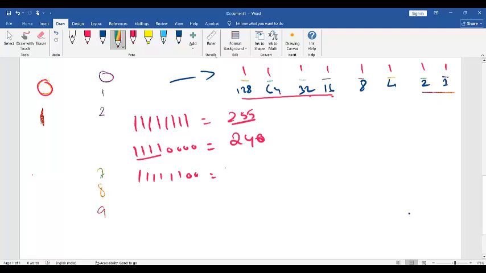Correct. 255 minus 3 is 252. So 2 ways you can get this, either by adding all of this or exclude 3 from 255. Yes. Let us do a few more. Yes.